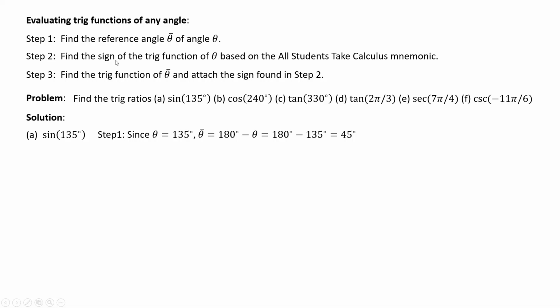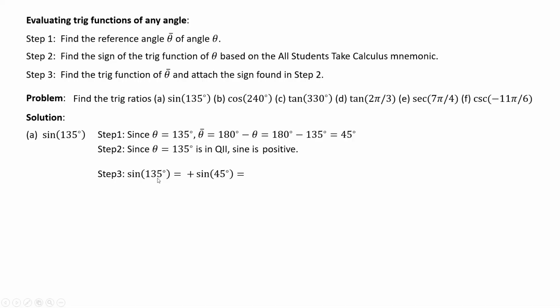Cool. Find the sign of the trig function of theta, sine of a second quadrant angle. Since theta is 135, it is in Q2. What is sine in the second quadrant? All students take calculus, positive. Cool. Finally, step 3.